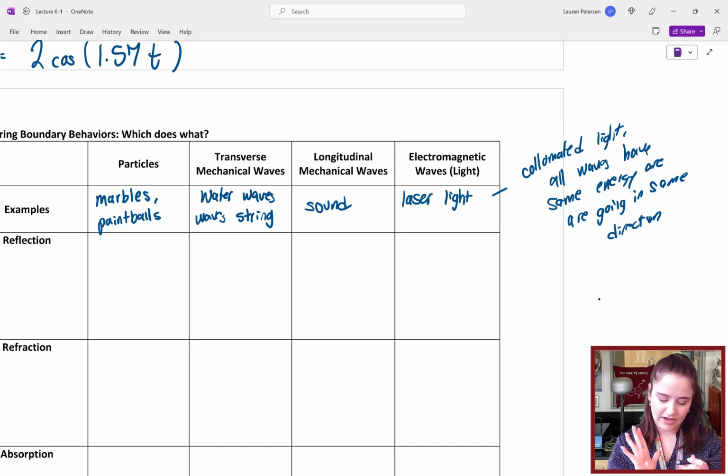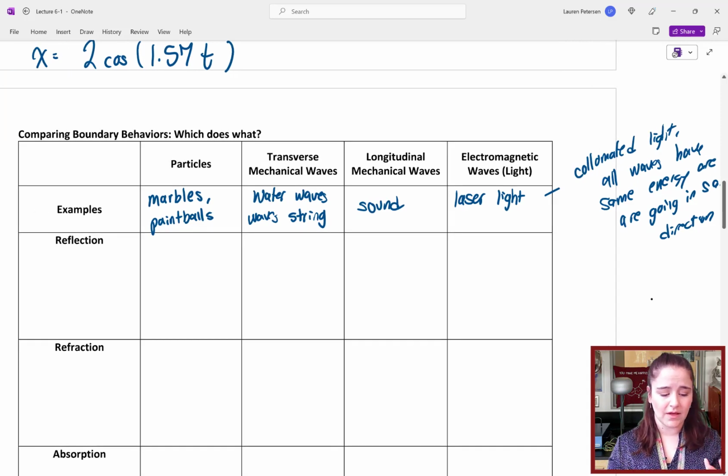So if we're just looking at the laser, since it's all going in that direction, we don't see it in between the path that it takes. It's collimated, all in one direction. So we're going to be looking at different boundary behaviors for each of these things and seeing which one light is most similar to. So let's go ahead and get to that.